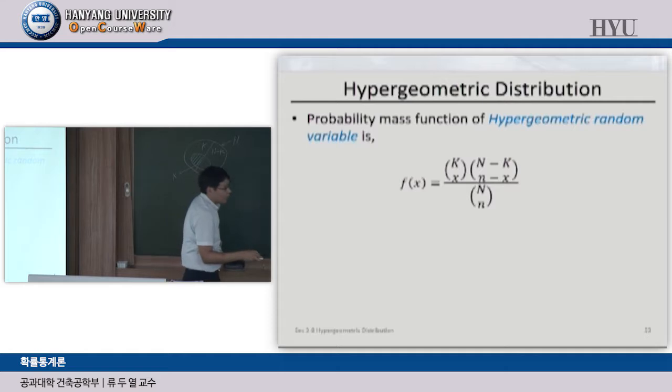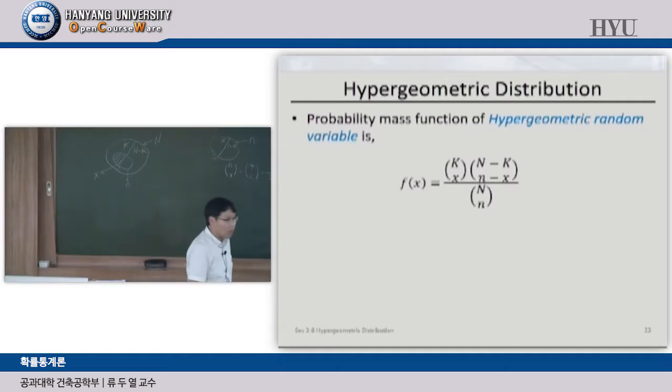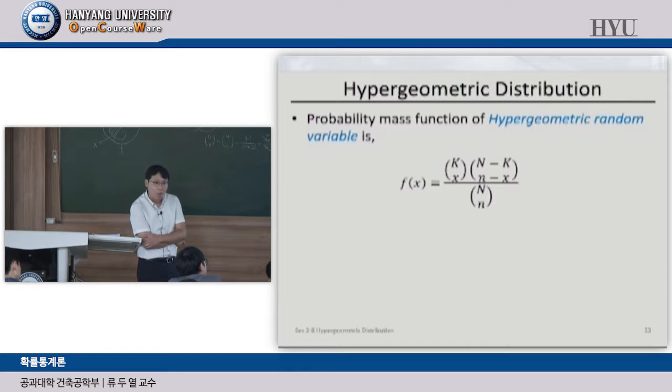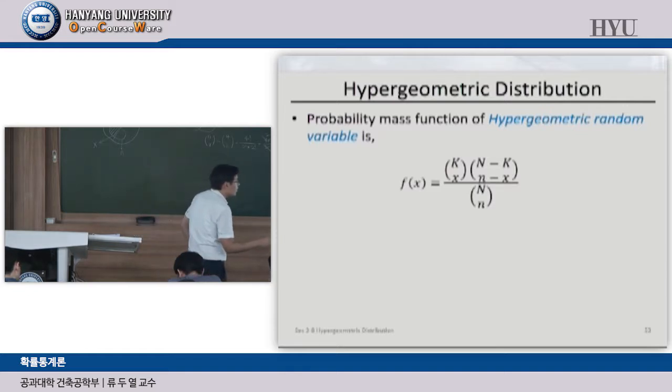And what is the uppercase? That is the number of outcomes that result in X successes in large K objects and n minus X failures in large N minus K objects. Okay? That is the number of outcomes, right?